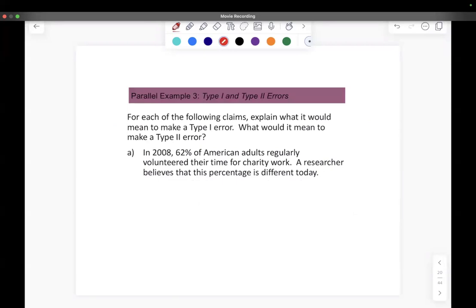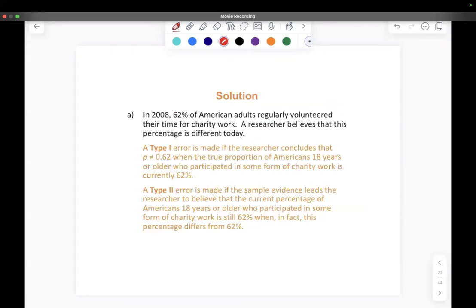Okay. So let's talk about what a type 1 error would look like and a type 2 error would look like. In 2008, 62% of Americans regularly volunteered their time for charity work. A researcher believes the percentage is different today. I have them typed up here. So if I reject my null hypothesis, but the actual number of people that volunteered is actually 62%, then it's a type 1 error.